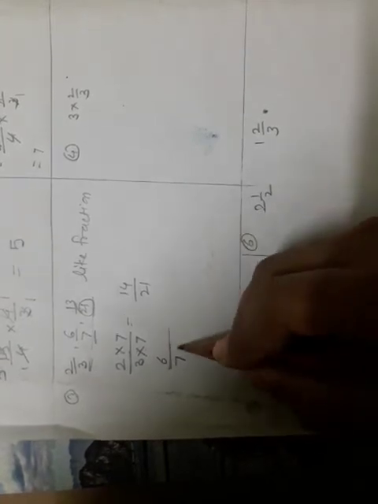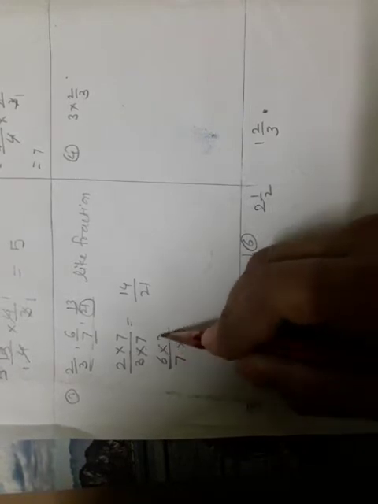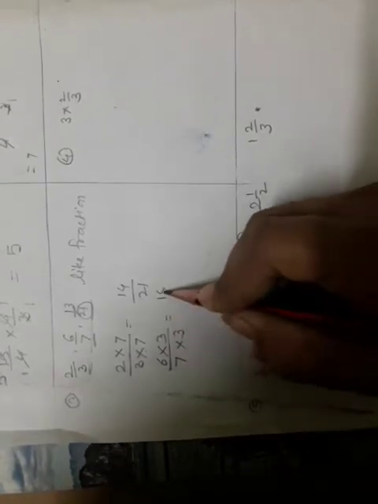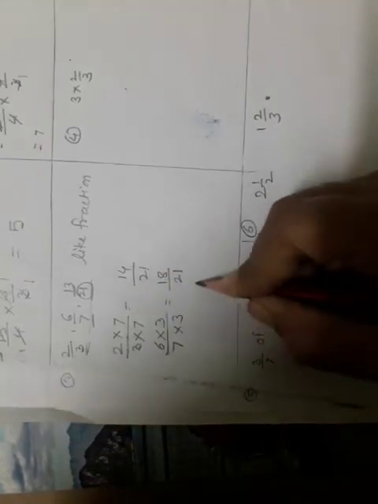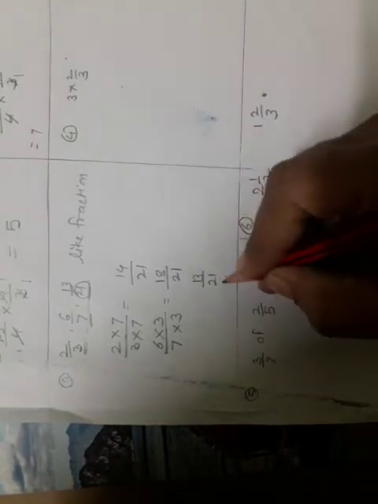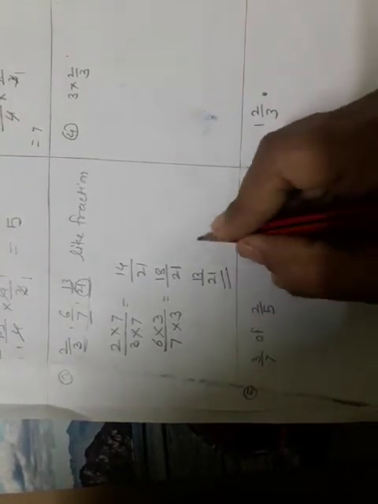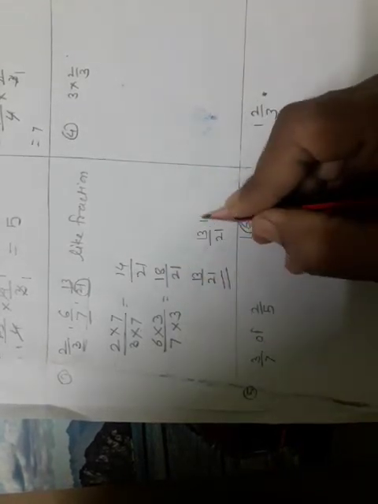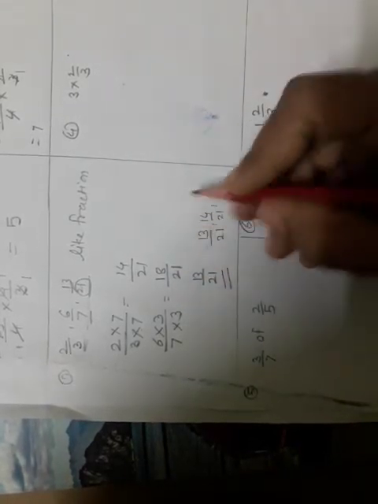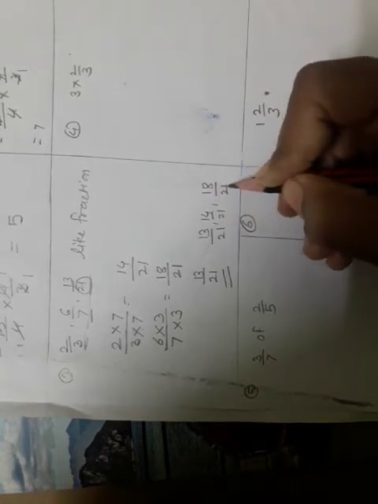So we have to multiply here by 3, here also 3. 6 3s are 18 and 7 3s are 21. Okay, and write 13 by 21 as it is. So which one is smaller? 13 by 21. So write 13 by 21 first, and then 14 by 21 and then 18 by 21.